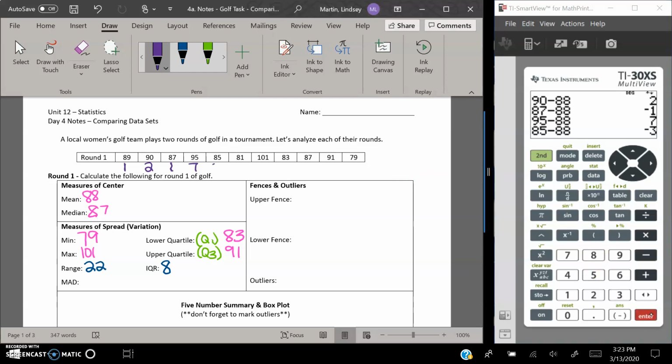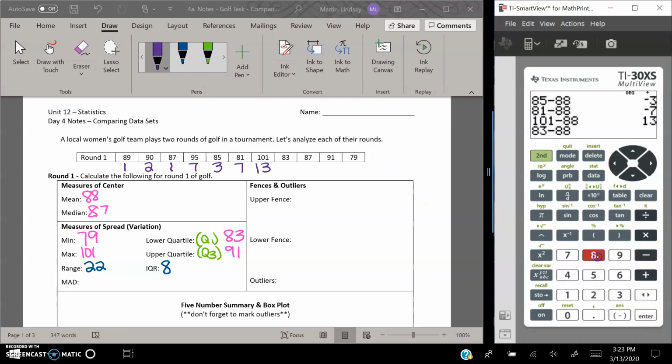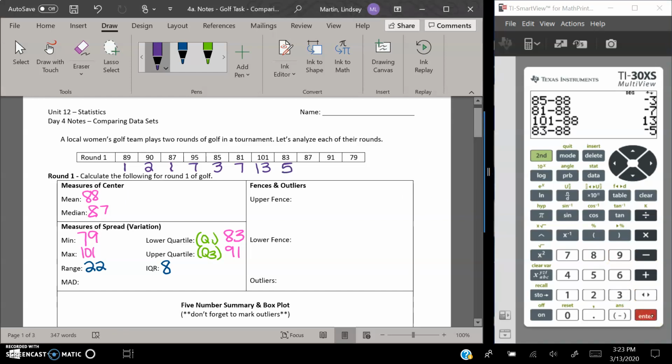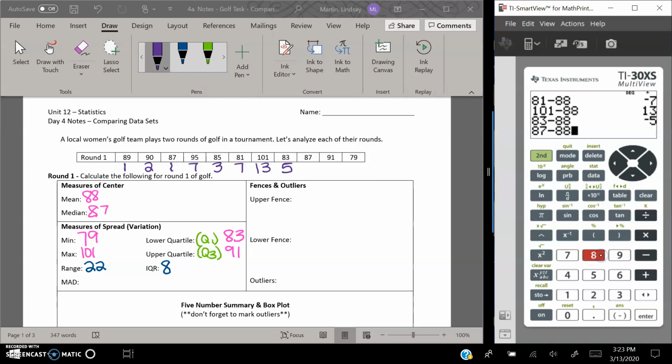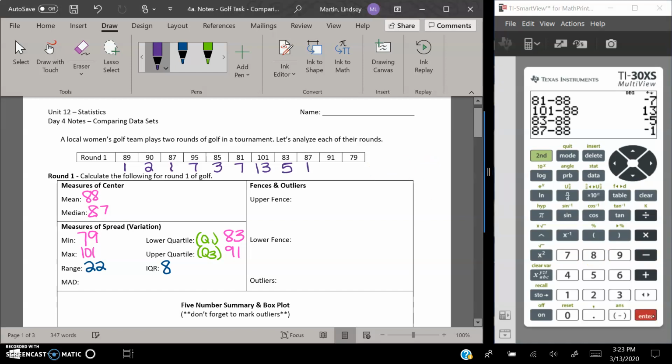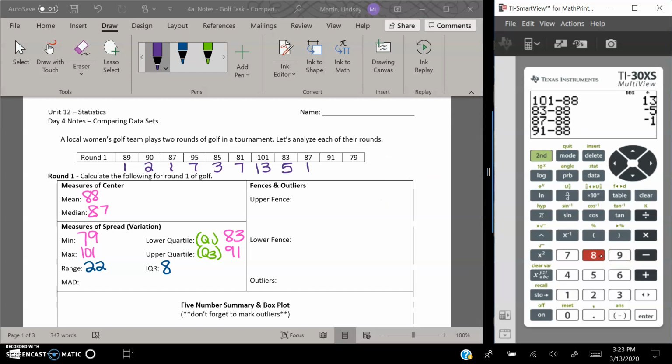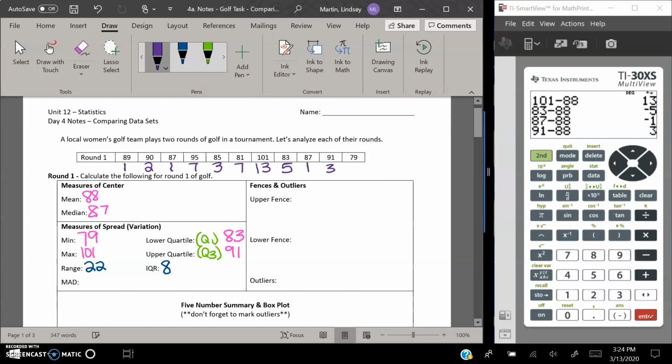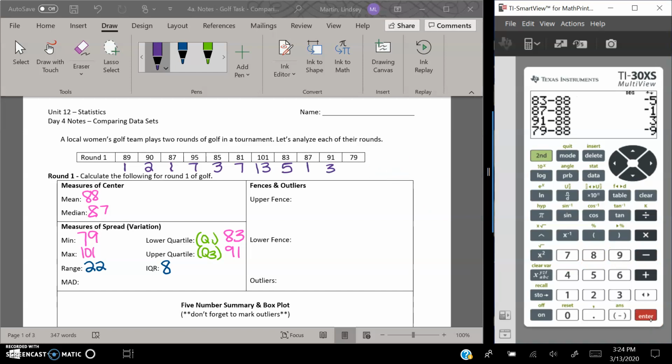Gives me -3, but remember we only take the positive. 81 minus 88 gives me -7, but we take the positive of +7. 101 minus 88 gives me 13. 83 minus 88 gives me -5, but we'll only take the positive of +5. 87 minus 88, -1, change that to a positive. 91 minus 88 gives me 3, and 79 minus 88 gives me -9, which we will change to a positive.